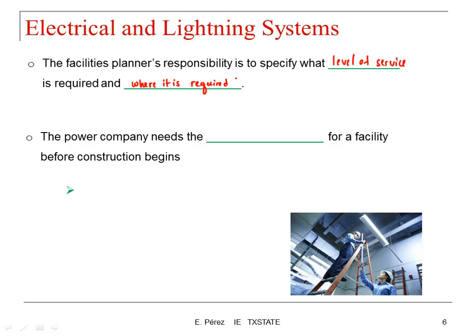And as I mentioned on Monday, there will be some areas of your facility that will require more illumination than others. So those are the things that you need to plan for.